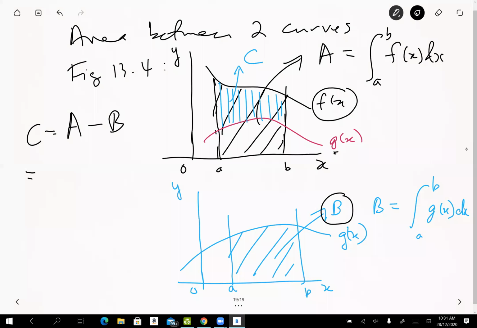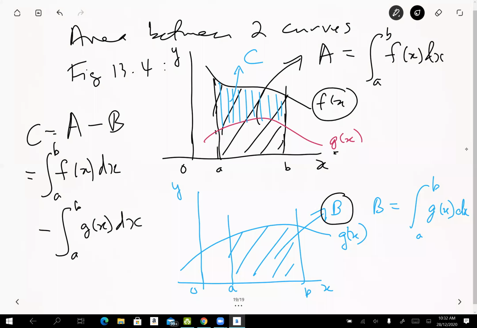It's equal to the area from a to b, which is the integral of f of x from a to b, minus the integral from a to b of g of x dx. So that is the area that we want.